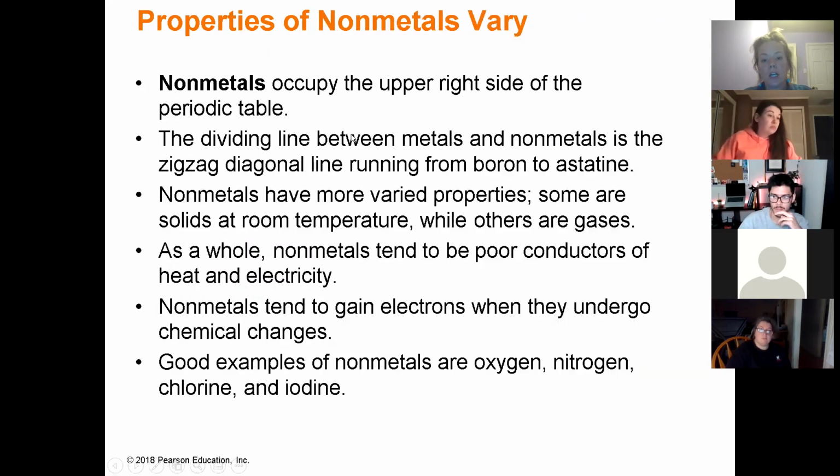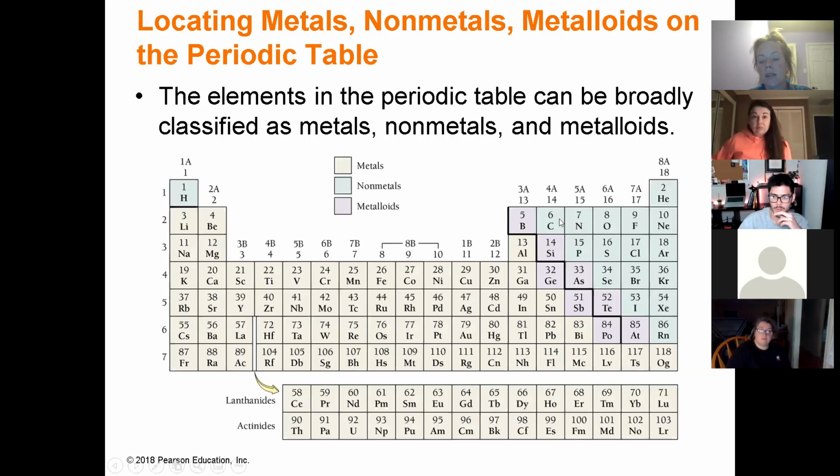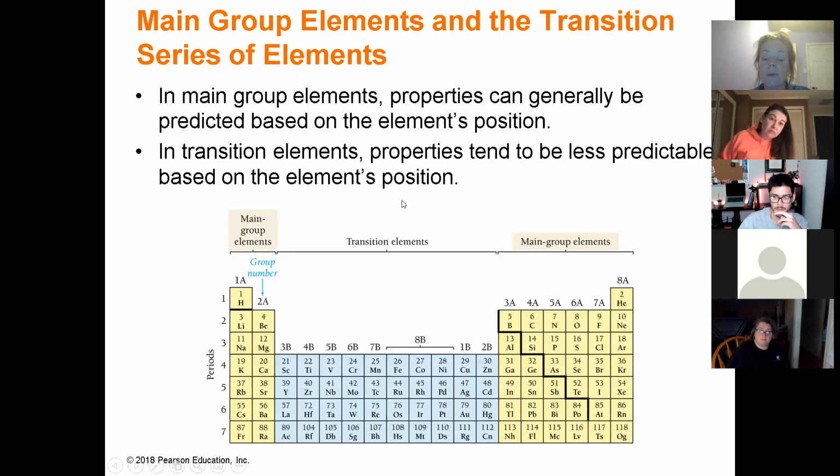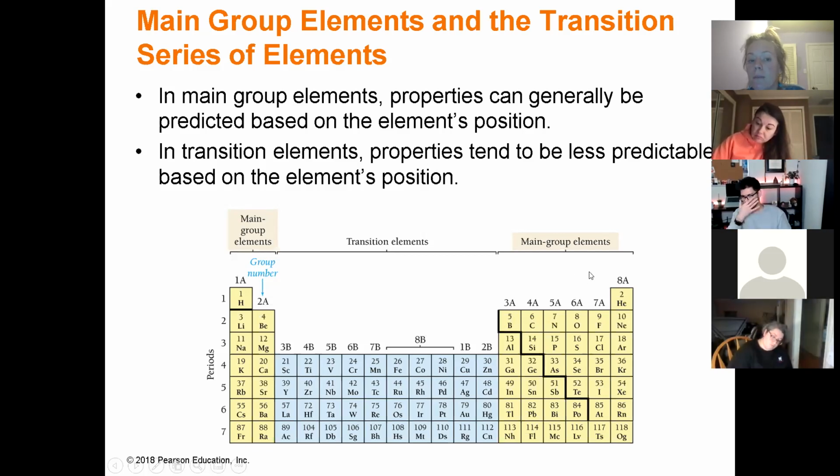So we've got our periodic chart with metals, non-metals, and then there's some metalloids along the zigzag. Another way we can separate our periodic chart is into what are called main group elements and then transition elements. So the 2 columns that stick up on the left and the 6 columns that are up on the right, those are known as main group elements.